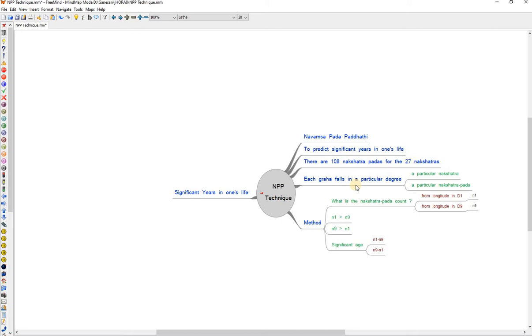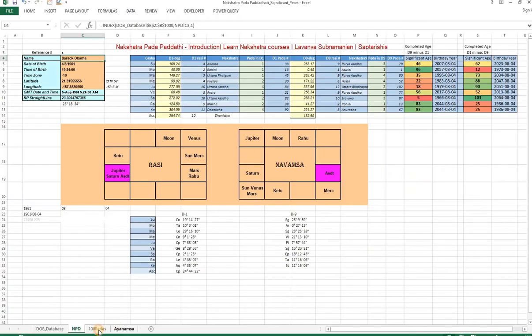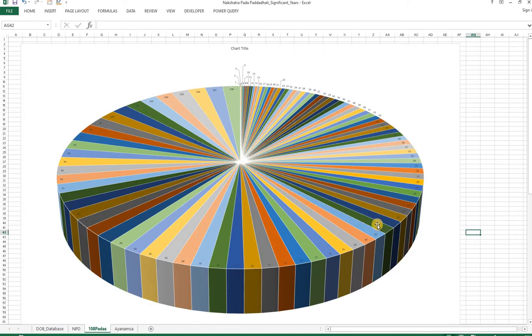So given a longitude, if any graha falls at a particular degree, that means a particular nakshatra and also a particular nakshatra pada. Now there are 108 padas, so you can visualize it this way.